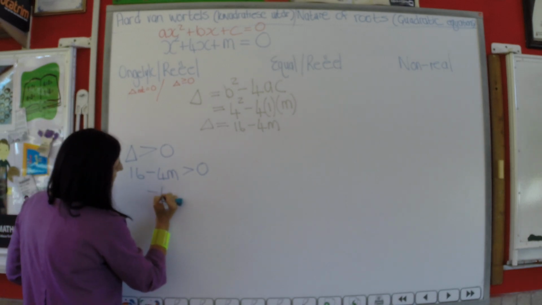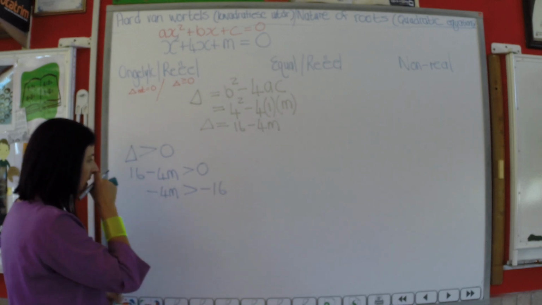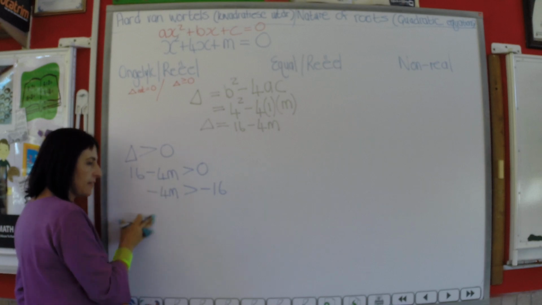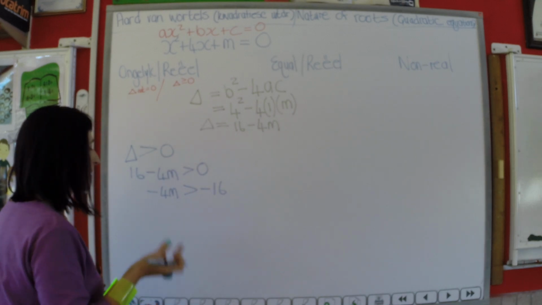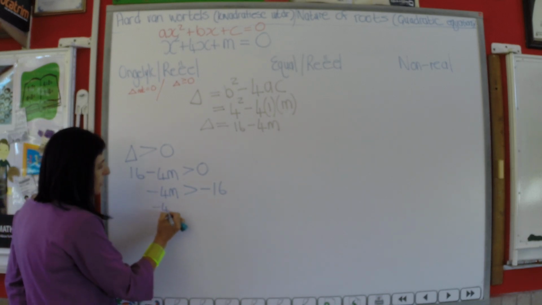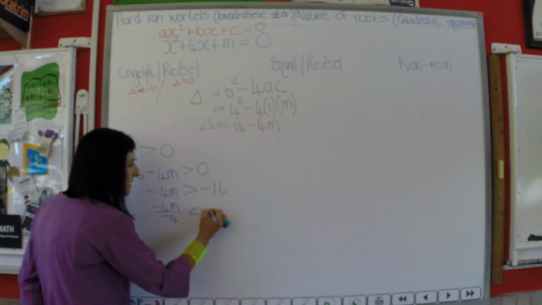So we're going to take this 16 to the other side of the equals sign, it becomes negative. When we divide with a negative, the inequality switches to the other inequality, but be careful now. If you make a division like this, it must switch immediately.